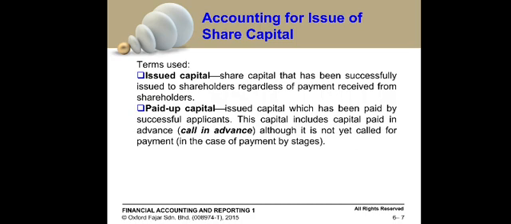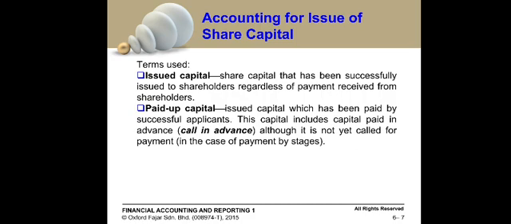If you have a company and at one time you need capital, you need cash to do an operation or a project, then you can sell shares to get the cash from external parties. So this is how you should record the issuance of shares. First you have to know these terms.